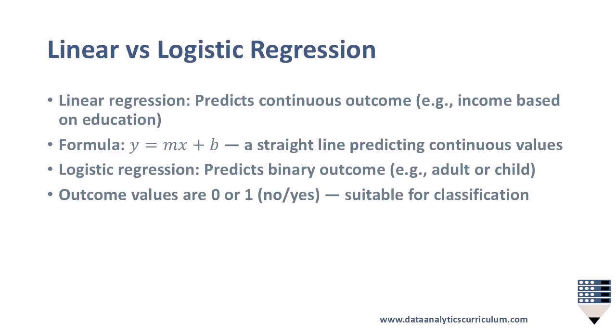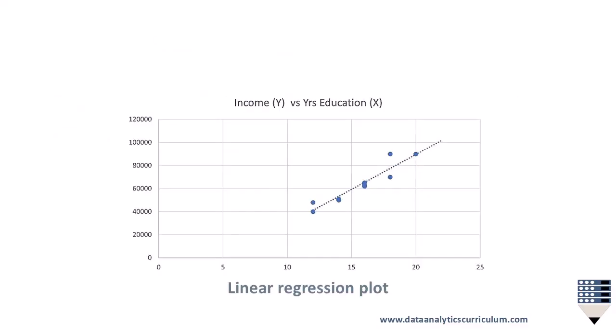Linear versus logistic regression. Let's start with what you already know, linear regression. Linear regression predicts a continuous outcome, for example, predicting someone's income based on their years of education. It uses a straight line formula, y equals mx plus b. That works fine when the outcome can take on any value, like a salary that could be $40,000, $50,000, or $60,000.